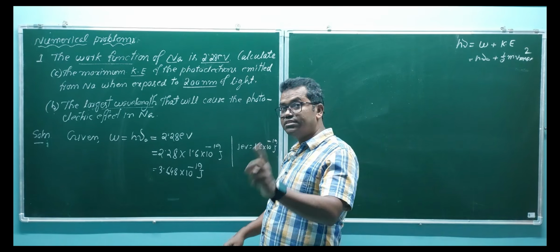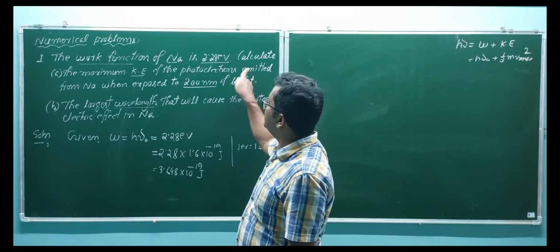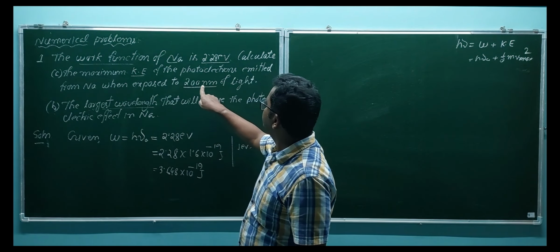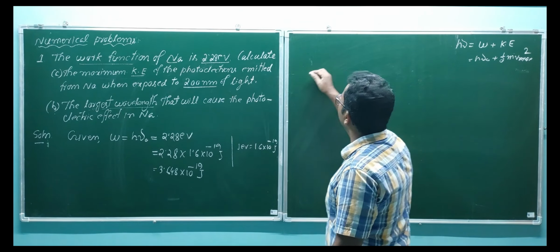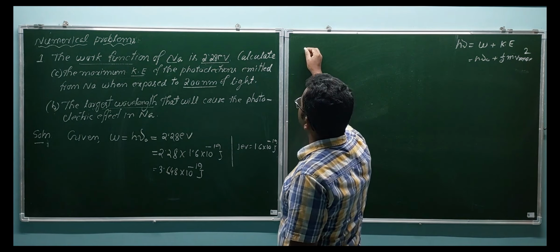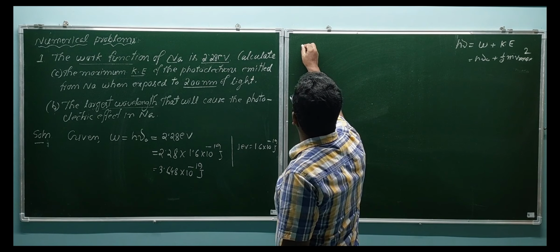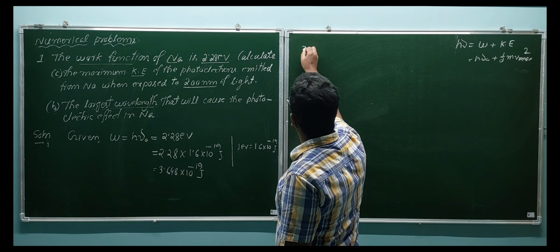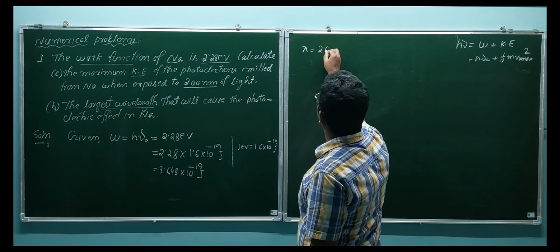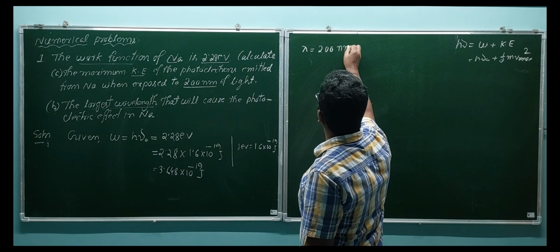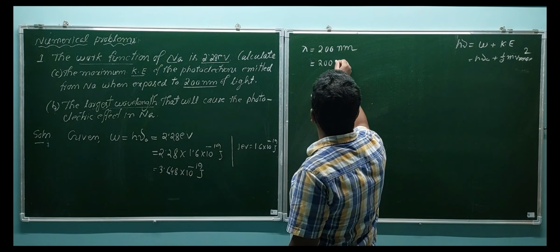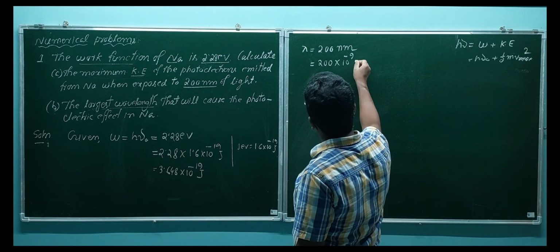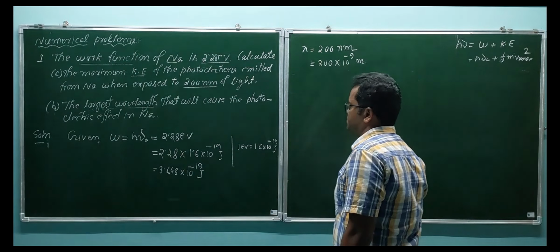When light falls, what is the wavelength of that light? 200 nanometer, not frequency given, it is a wavelength given. So here lambda, that is incident lambda, equal to 200 nanometer is given. So nanometer means 10 to the power minus 9 meter.